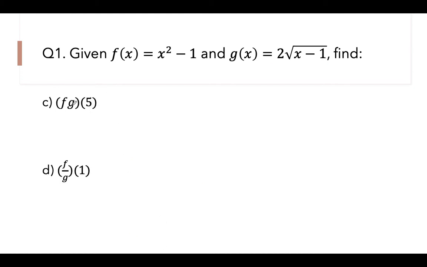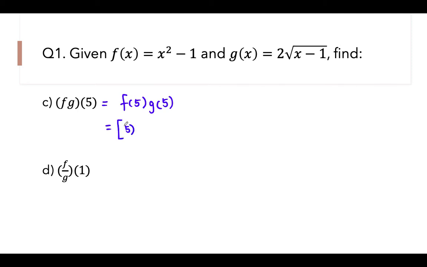Letter C, we have the product, f times g. This means f of 5 times g of 5. Same thing, I'm going to plug 5 into my f function.